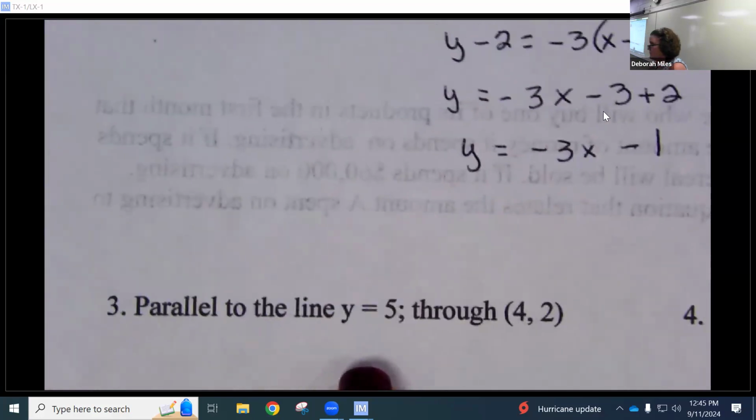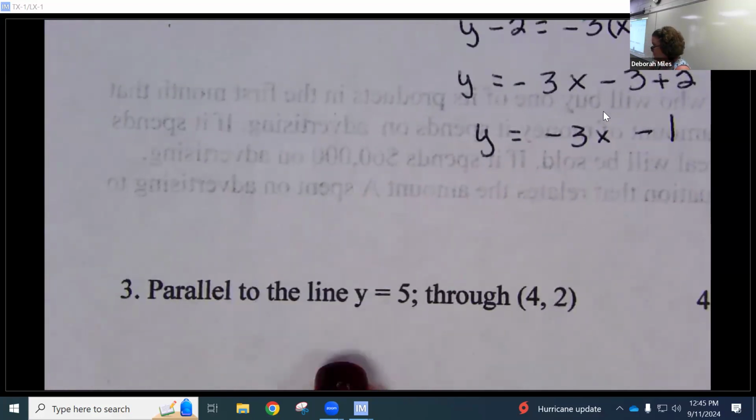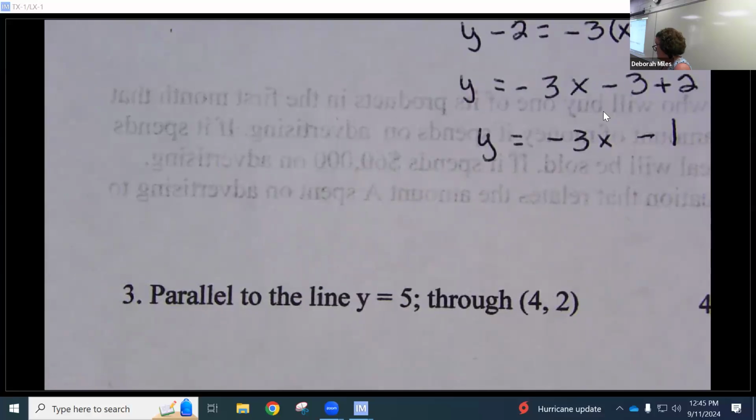Show me with your arm the line y equals 5. Which one is it? The y is always 5, it's this. The height is not changing. Now show me with your other arm a line that's parallel to this one.